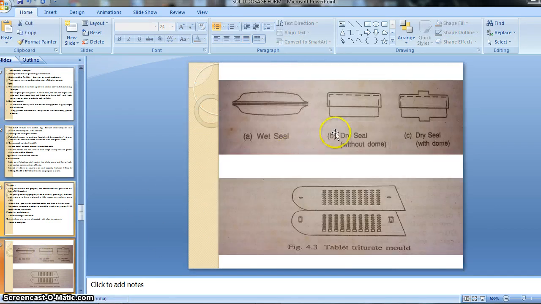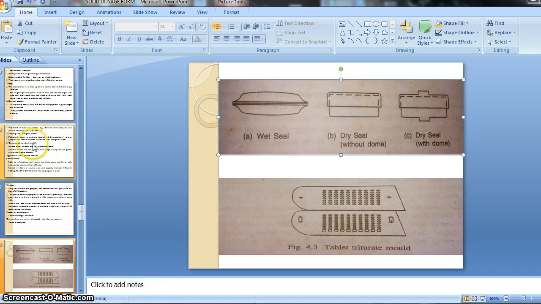So let us have a look at the dry seal sachet. These are the dry seal sachets. See, there is a lower portion and this upper portion. The upper portion is slightly larger than the lower portion, right? Hence a cap-like structure is formed, okay? And the sealing of the dry seal is done by machinery and packed in boxes, right?